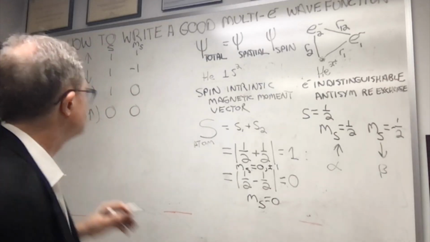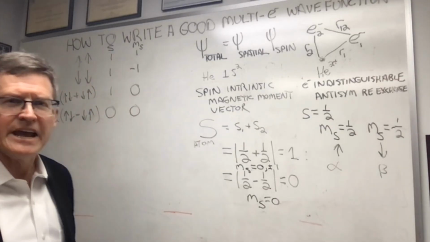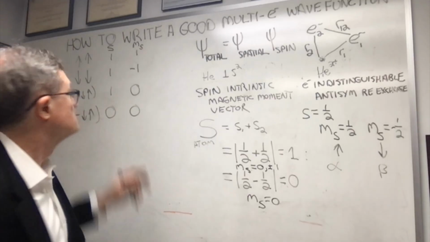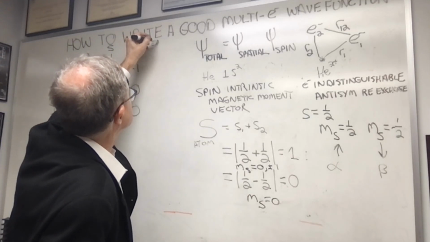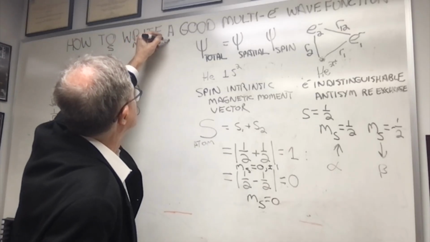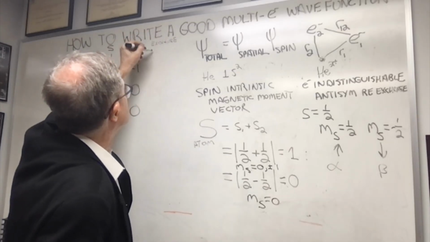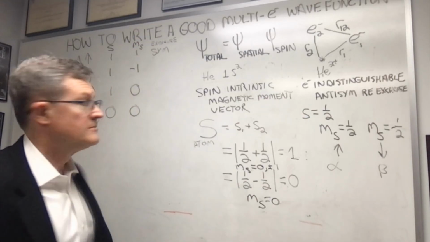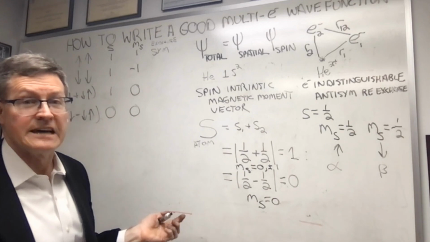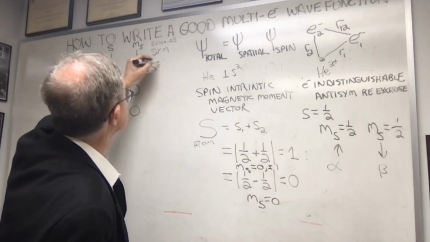Now notice something else: if we interchange electrons 1 and 2, this one stays the same. So under exchange, this first function is symmetric. This one, again, looks exactly the same, so it's also symmetric.